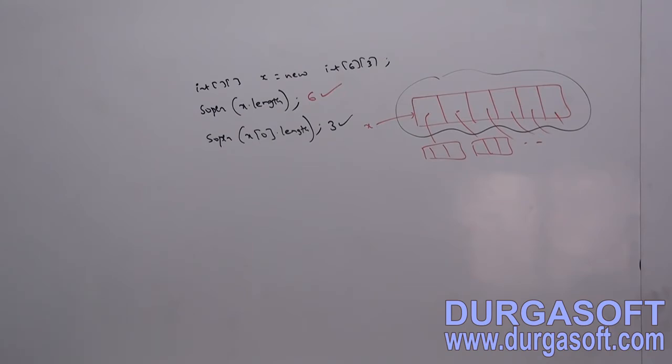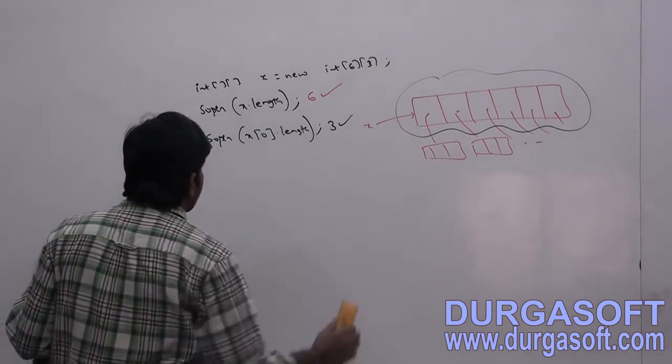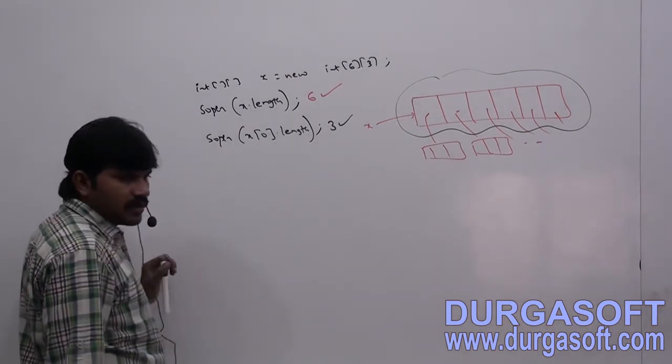Completed, I hope? Okay, SOP of x dot length is 6, x of 0 dot length is 3.